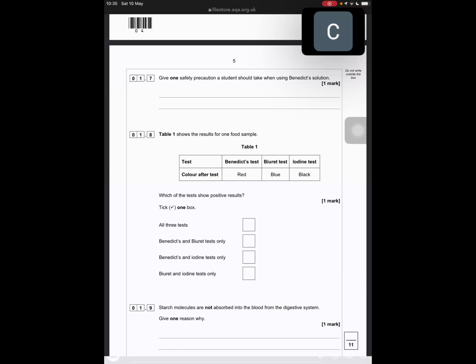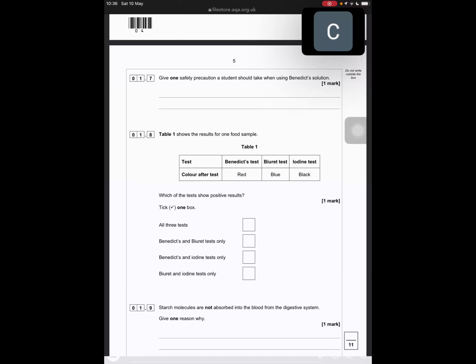I think I'll go with that one, but let's confirm with the marking scheme. I'll go with Benedict and iodine test only. I'm not sure, but Benedict and iodine, those ones I'm sure.